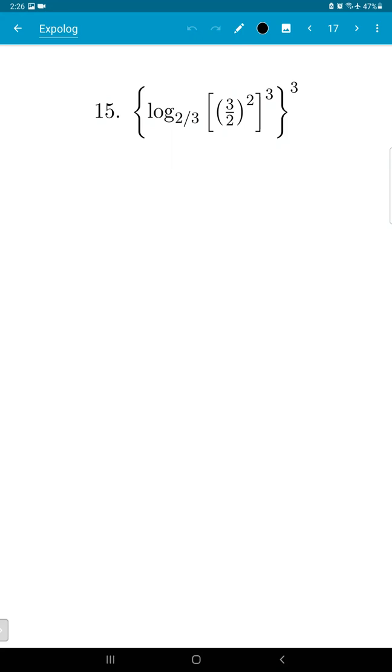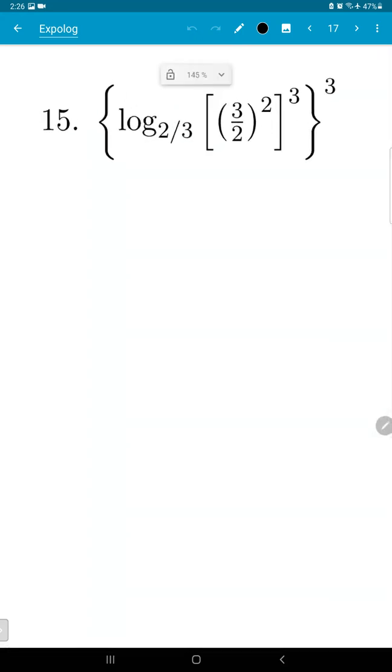You have to begin inside, innermost to outermost. So let's simplify this one first. What is that? The one I answered.